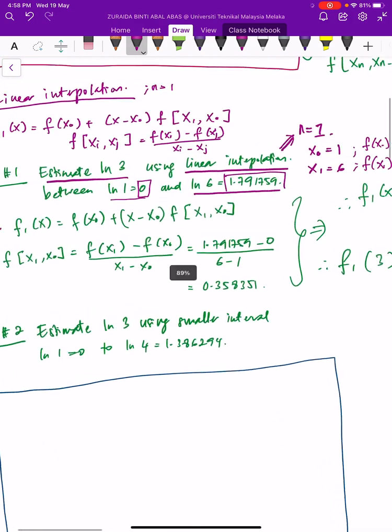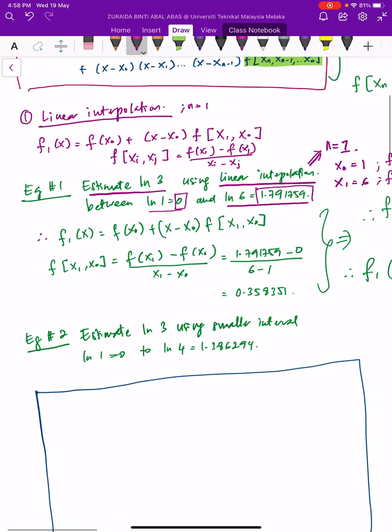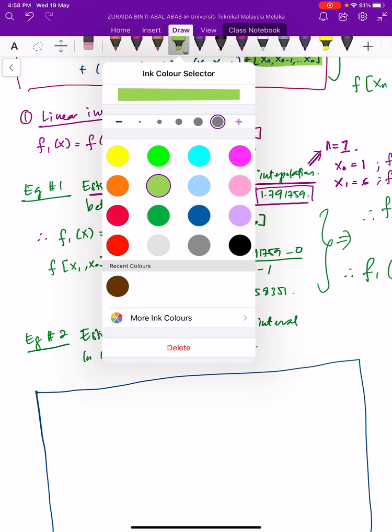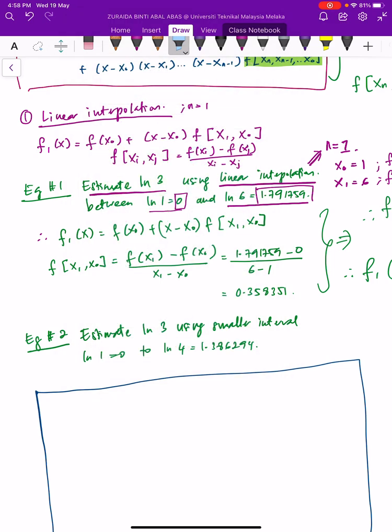So again, I'm going to highlight the formula here for linear interpolation. It is f1(x) equals f(x0) plus (x minus x0) times f[x1, x0].